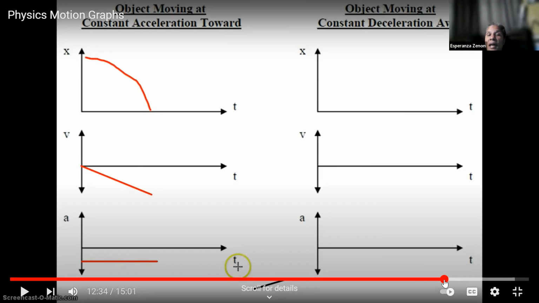And it's below the axis because our A is negative, okay? And that's what the last graph represents, the A being negative, okay? So those are the kinds of scenarios that you'll have to deal with when utilizing the motion graphs.